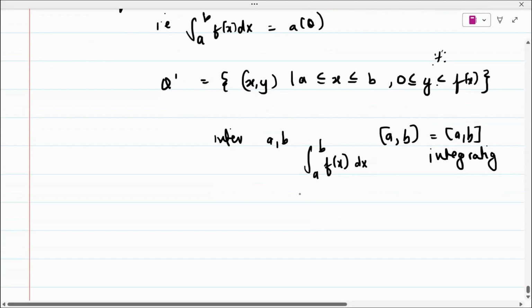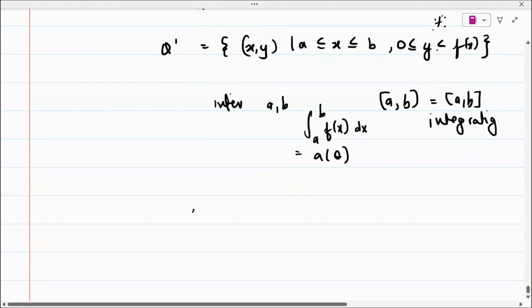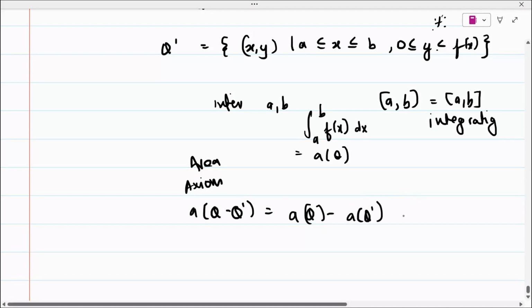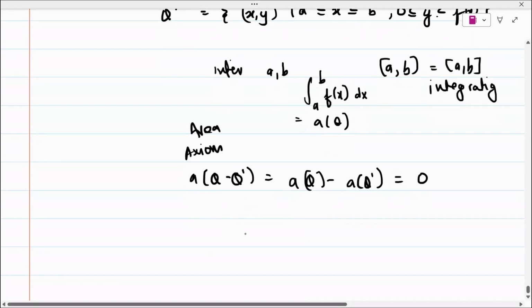So then we get the same value. In the same way, we know by the area axiom that the area of an ordinate set works like this, so then the area of the curve is equal to 0.